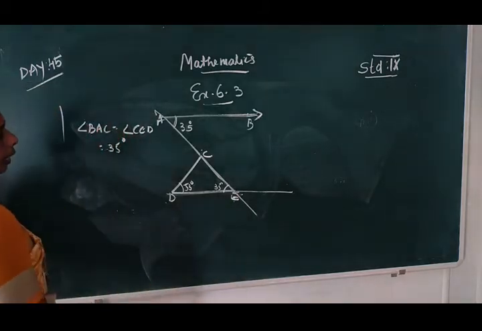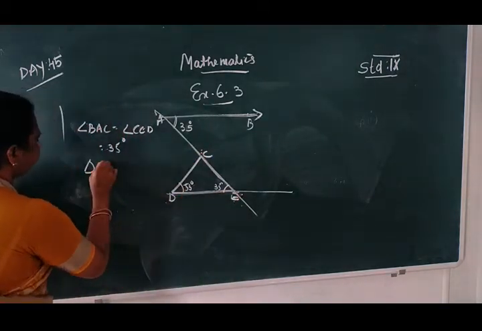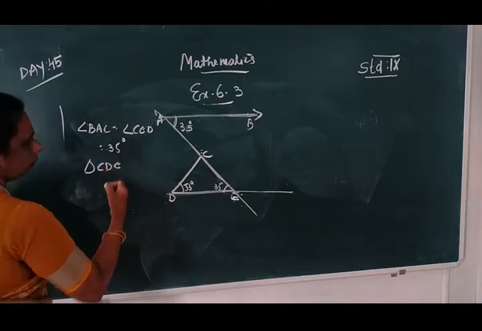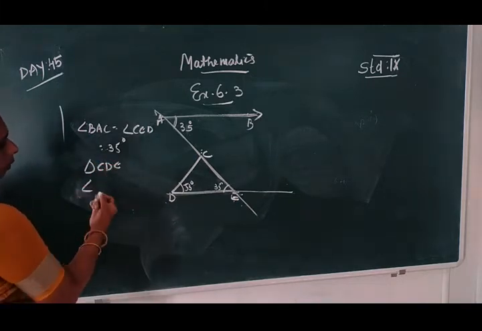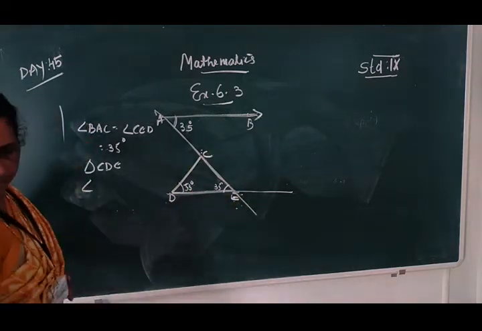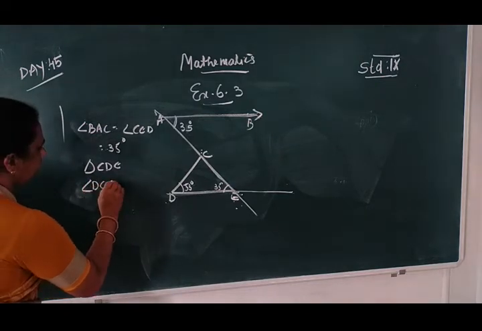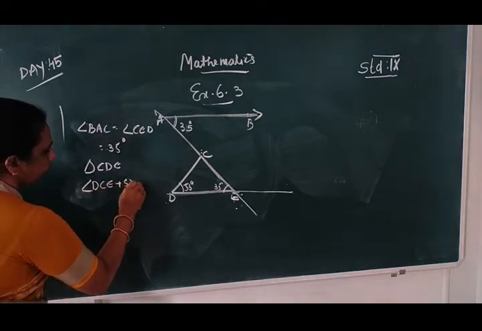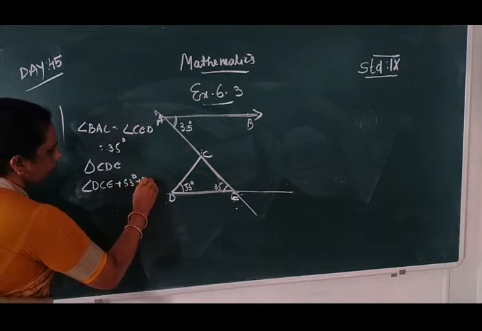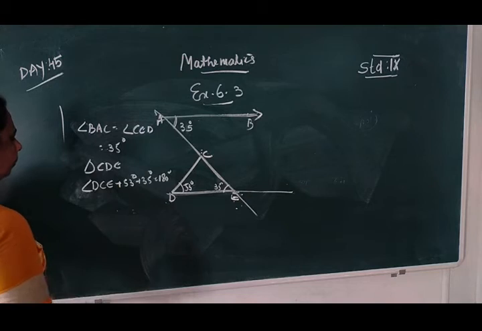Then we can use the angle sum property. Consider triangle CDE. Angle DCE, that we want to find out. Angle DCE plus 53 degrees plus 35 degrees is equal to 180 degrees.